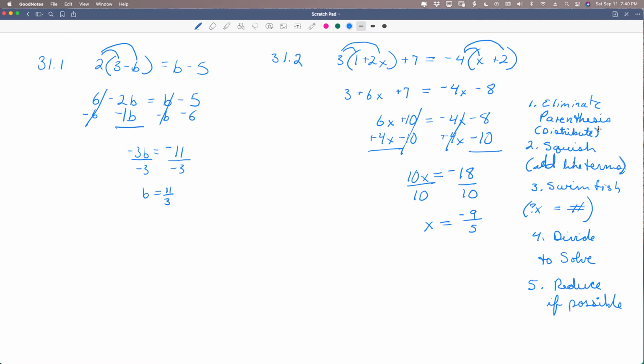All right, and that's what we do. Those are our 5 steps to solving a problem like this. All right, so let's do 31.3. Pause and write down your steps if you need to.